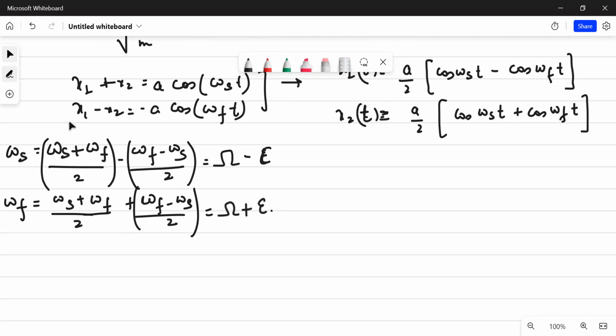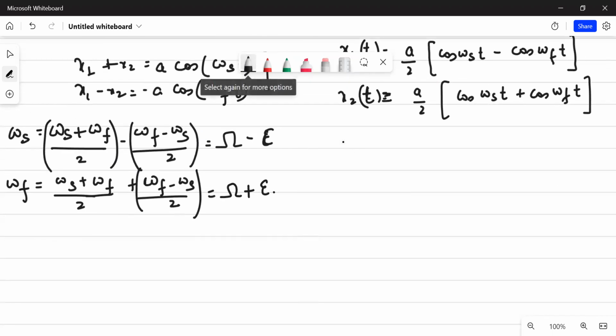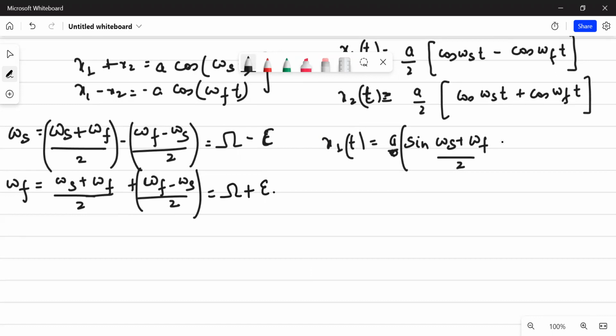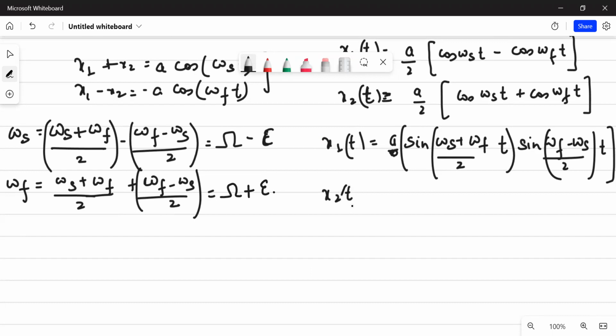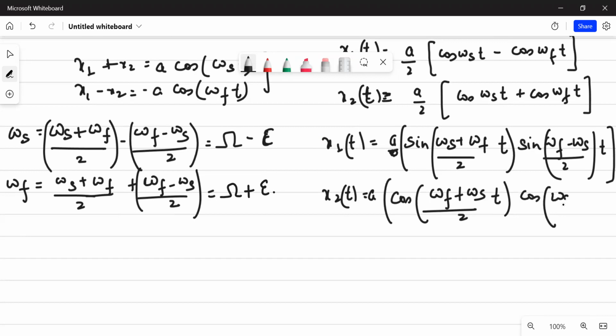And you see that overall, if I use one formula that we studied in standard 12th, that is cos C minus cos D, that is equal to 2 sine of (C plus D)/2 and sine of (D minus C)/2. So this will come out as sine of (omega S plus omega F) upon 2 times t, and then sine of omega F minus omega S upon 2 times t, and x2 as a function of t, you will get A, and you will get cos of (omega F plus omega S) upon 2 times t, and then cos of (omega S minus omega F) upon 2 times t.